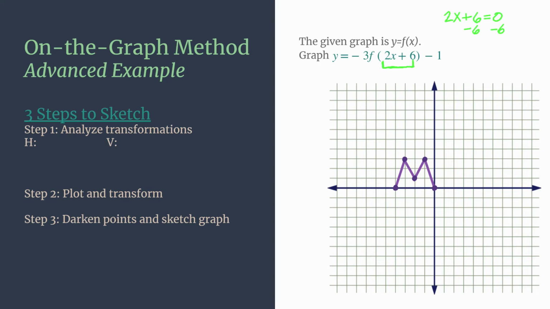All right, so we know we'd first start by subtracting 6 from this equation. So that tells us that we should have our x's and then take away 6, or move left by 6 units. So that's our first horizontal transformation. Left 6, or your x's minus 6.